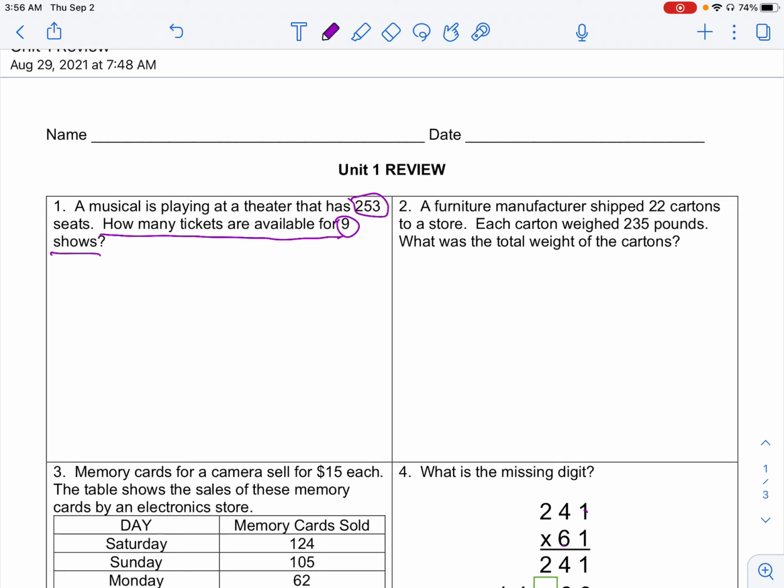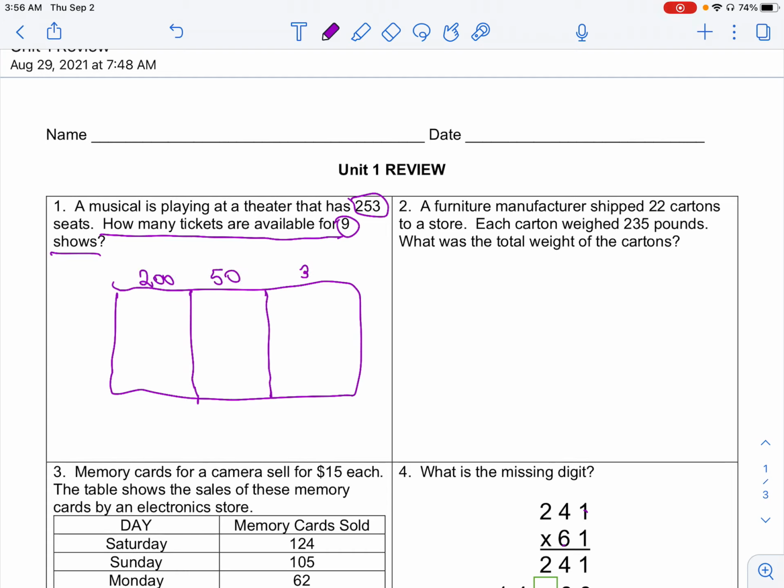So I'm going to solve this. I'll do it with the area model. Now you could have used the standard algorithm. I don't care which way you solve them. 250 and 3, and we're multiplying by 9. 9 times 2 is 18, and I got 2 zeros, so 1,800. 9 times 50 is 450.